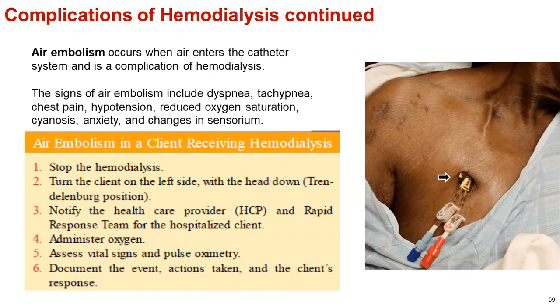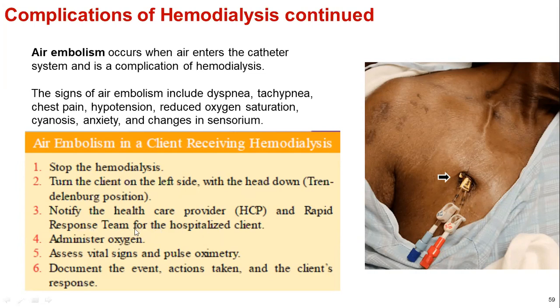Once your patient develops an air embolism, what could we do? For a client receiving hemodialysis with an air embolism, what should we do? We stop the hemodialysis, turn the patient on the left side with the head down, so lower the head of the bed. Notify the healthcare provider and rapid response team to hospitalize the client.